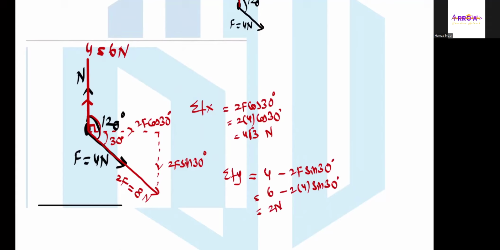So far we have found that the sum of the horizontal forces is positive and the sum of the vertical forces is also positive.